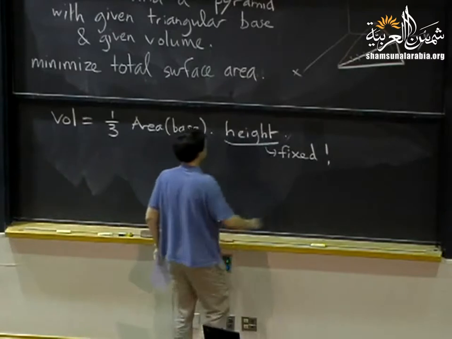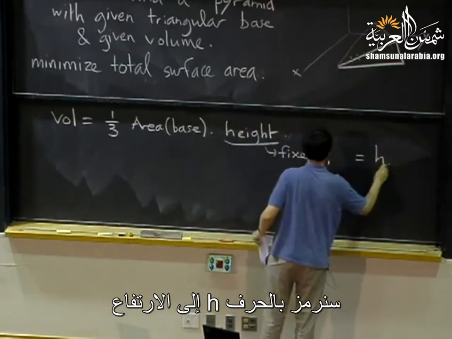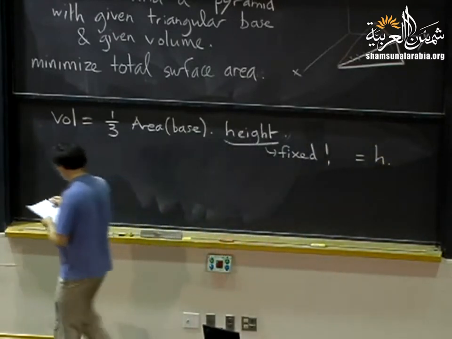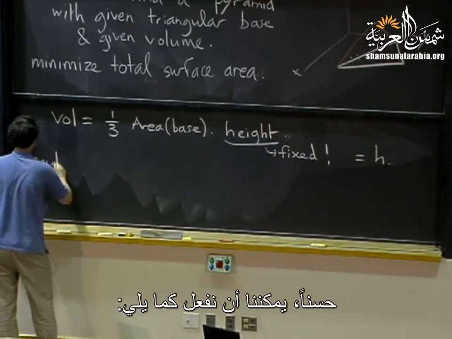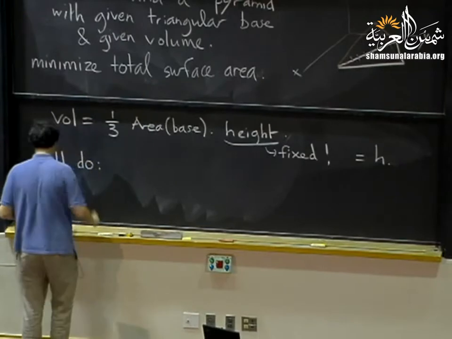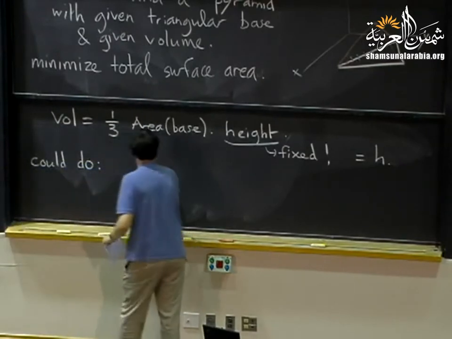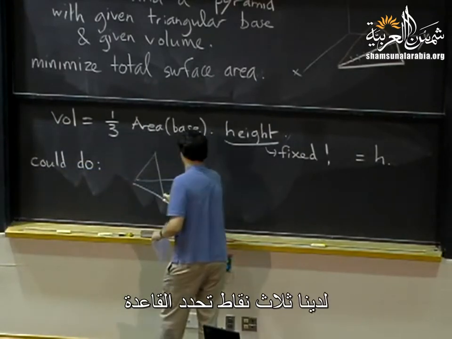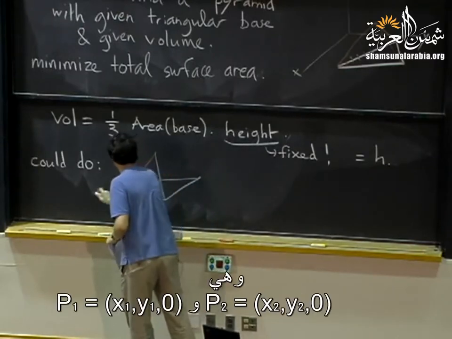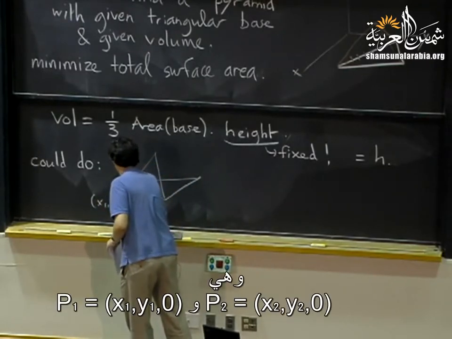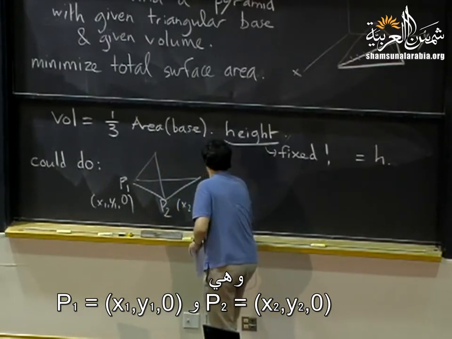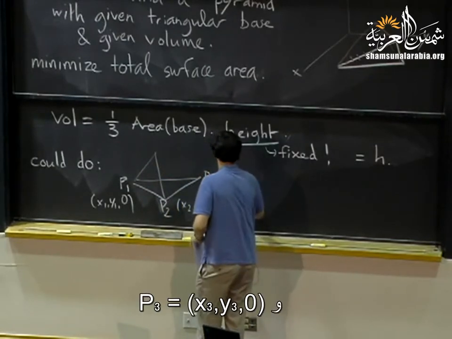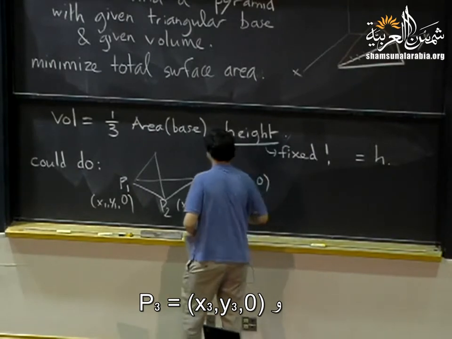Let's call h the height. So what we could do is something like this. We have 3 points in the base. Let's call them P1 at x1, y1, 0, P2 at x2, y2, 0, P3 at x3, y3, 0.